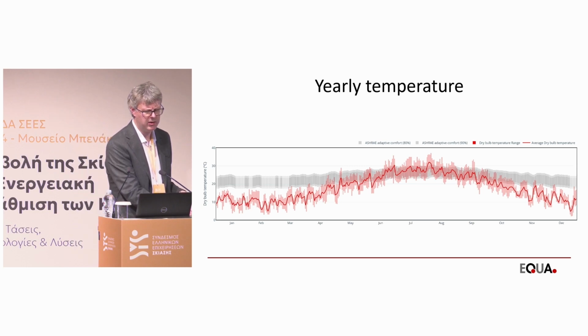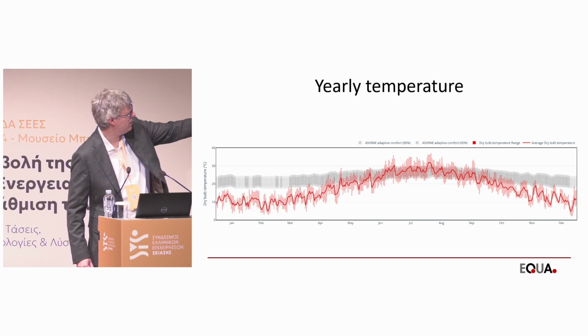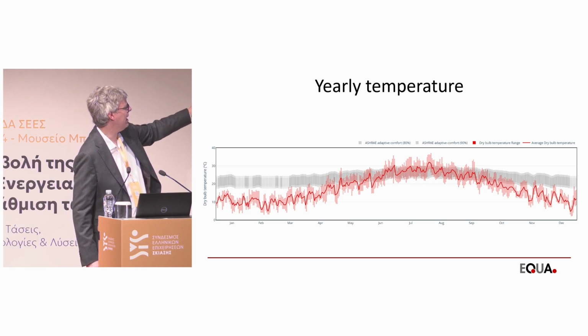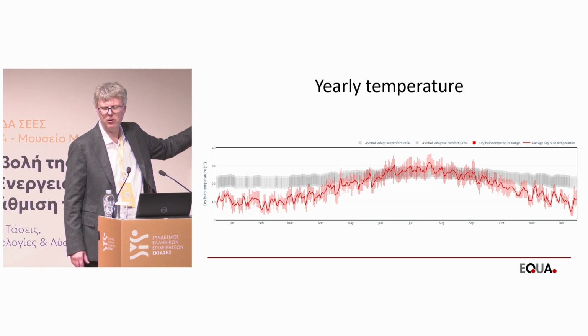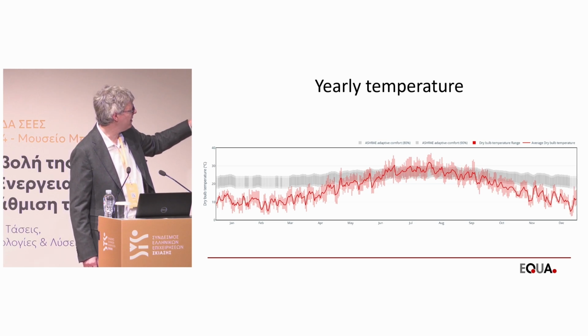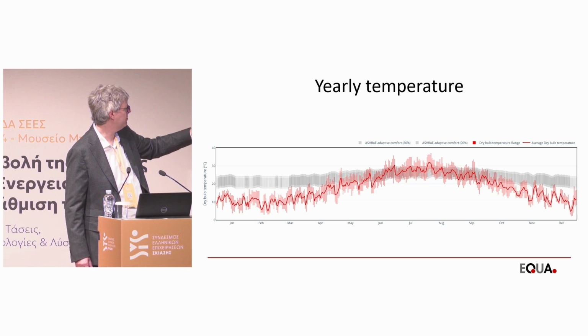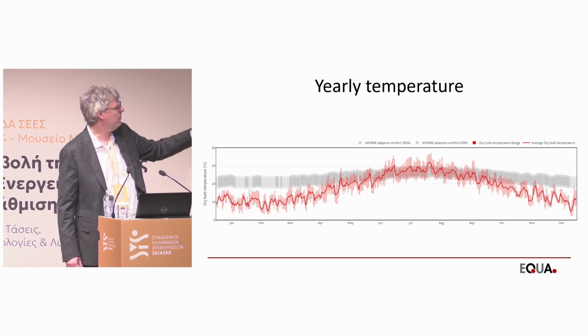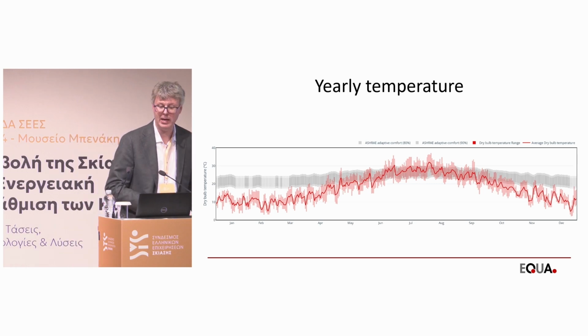Then we can look into the temperature, back to that again. We see the gray scale here. This is the temperature span where people are probably comfortable indoors. And we see that in the summer it's warmer than the comfort levels, but in the winter and spring and even in the autumn, we have quite a few hours when it's cooler outside, so we can use that cool air.